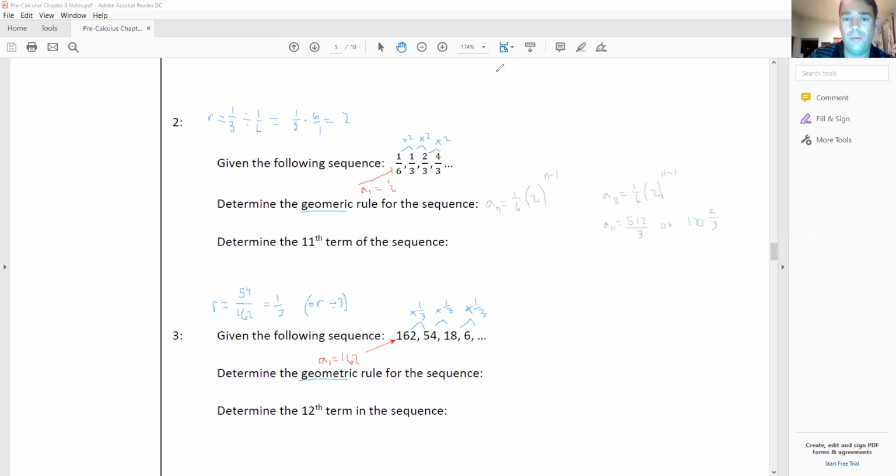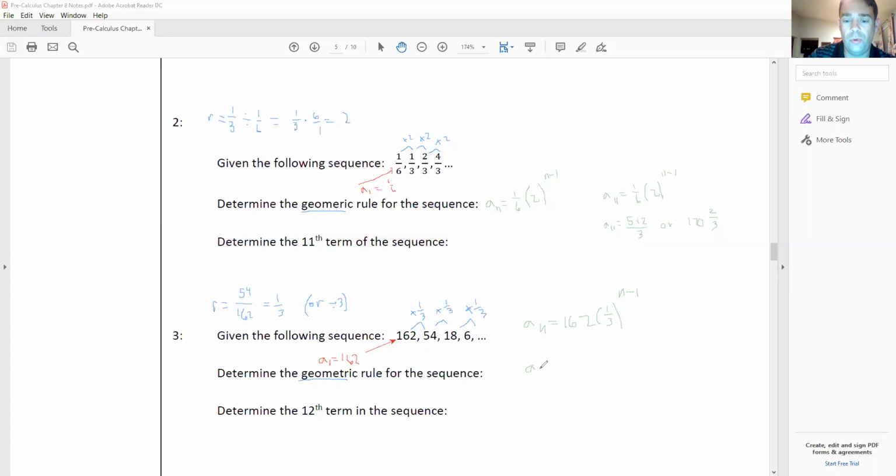So now we have our common ratio and we have our first term and we plug it in. So A sub n equals 162 times 1/3 to the n minus 1. So there's our geometric rule.